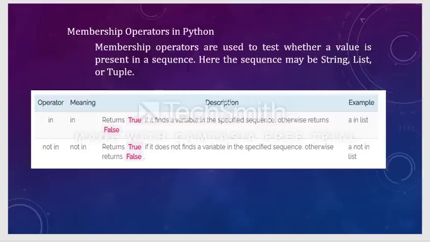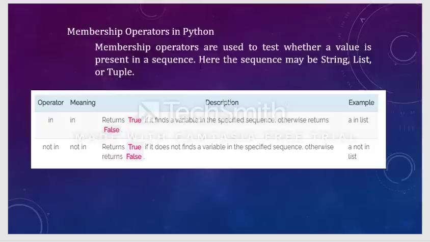Membership operators test whether a value is present in a sequence. Suppose I have given you an apple, an orange, and a grape. I have given some apples, some oranges, and some grapes to you, and I ask whether your basket contains grapes.